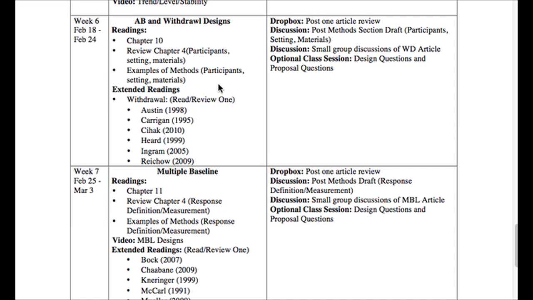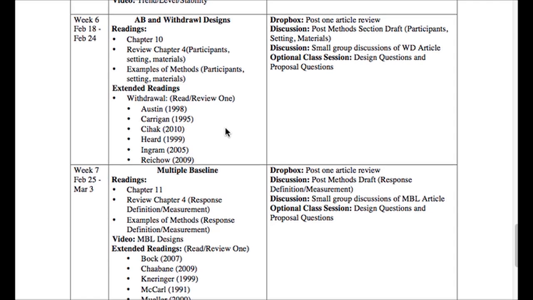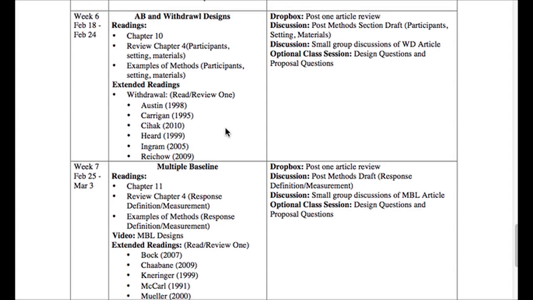In addition to the book chapter, you'll read one of those articles and then post an article review and do a little discussion post about the article, and then maybe a little discussion with some other folks who read the same article that you chose to read. Some interesting stuff in here. I've tried to mix it up. I've tried to make it not just within the realm of special education, and some of them are kind of humorous, actually.